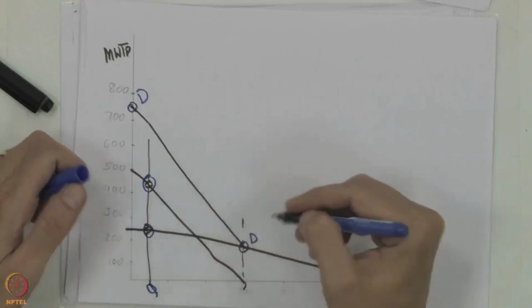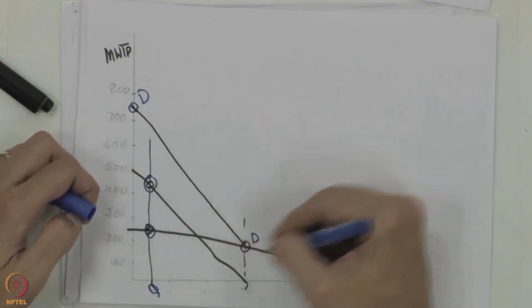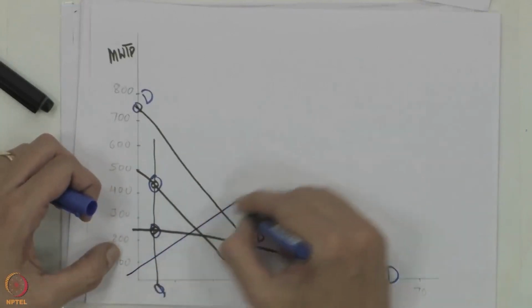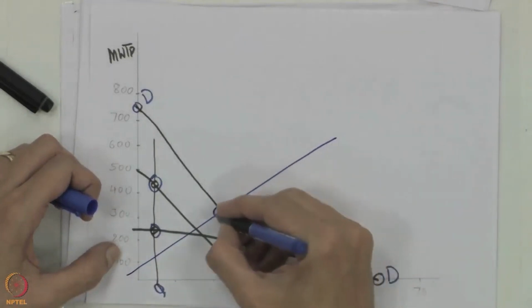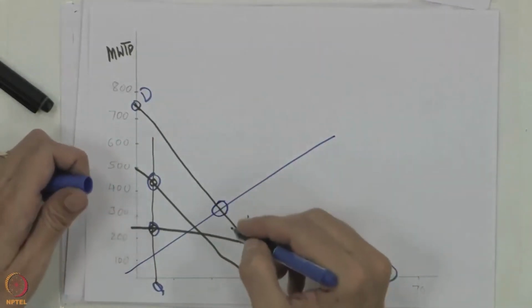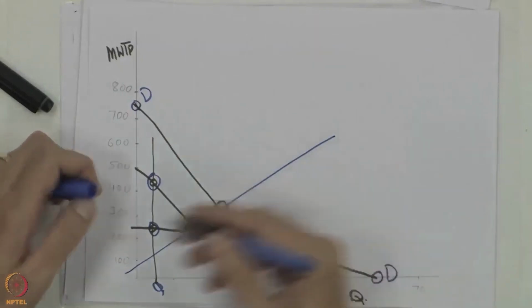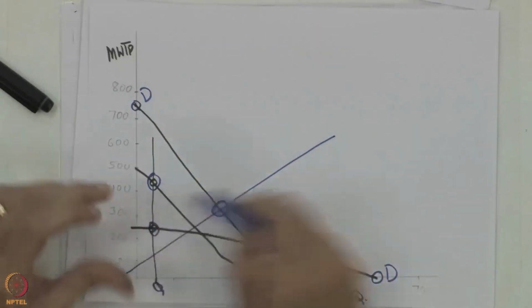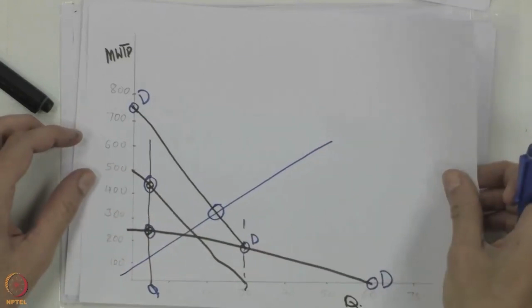So, this is the problem. When we have an intersection of the supply curve, we do not know what will be the individual prices, and so this is an issue when it comes to non-rival or public goods.